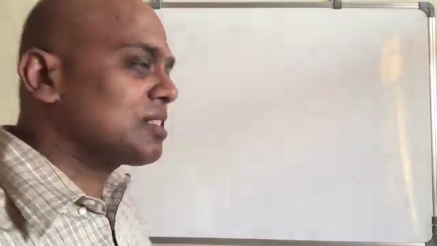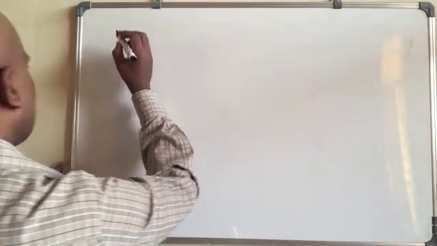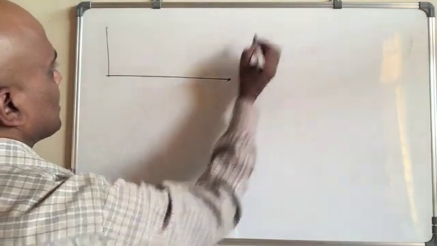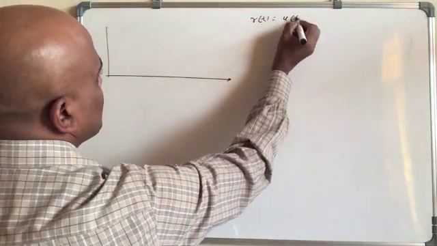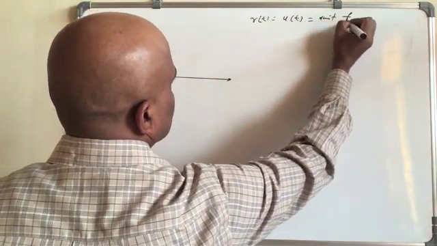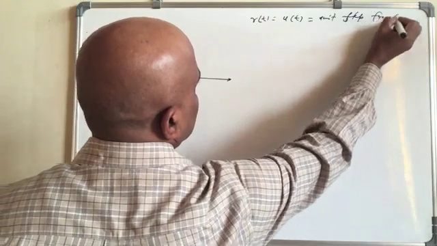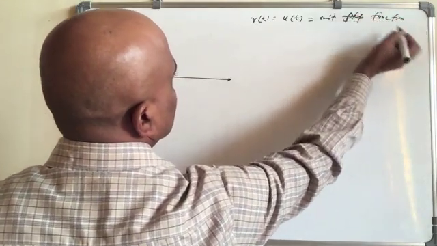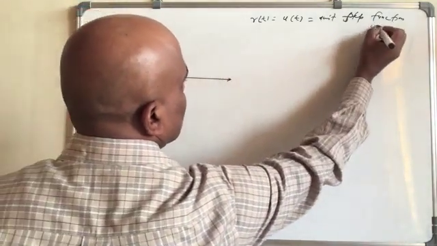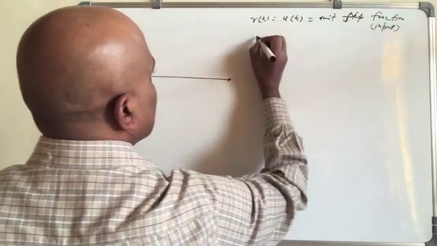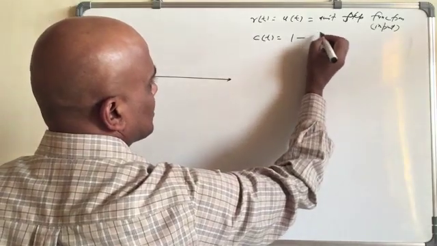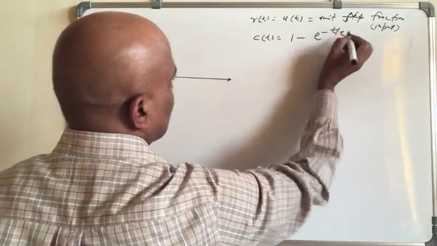Now the unit step response is very important for a first order system. As we have seen, if r(t) is u(t), meaning the unit step function, and this is the input, then c(t) is 1 minus e to the power minus t over tau, right? That's what it is.